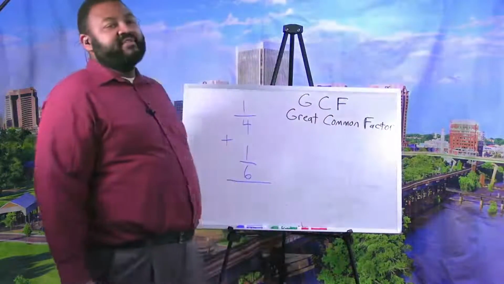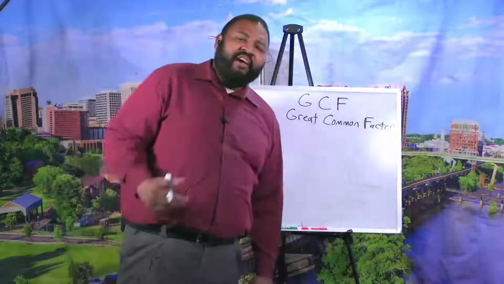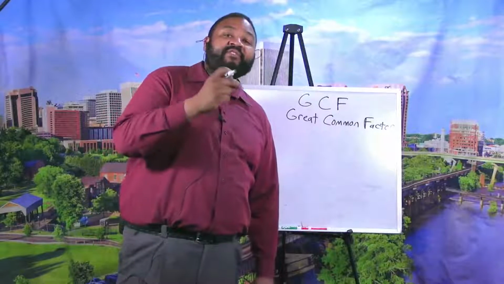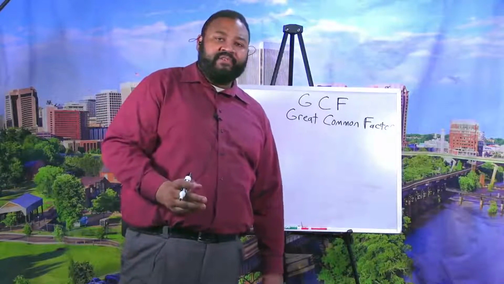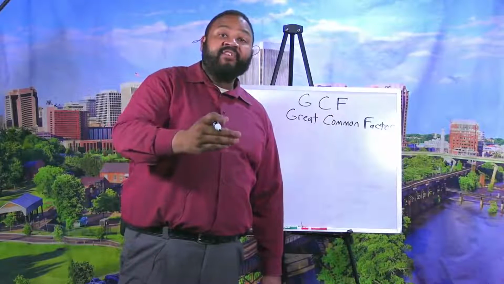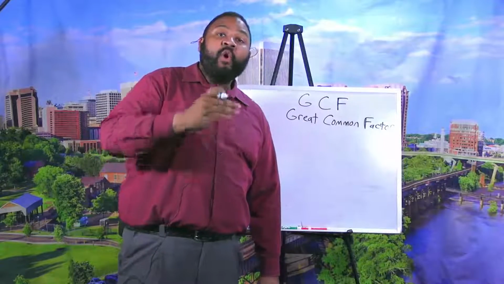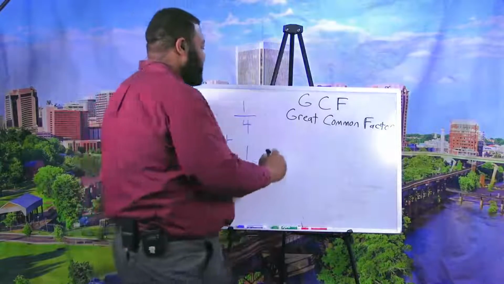Greatest common factor. Mr. Jones, what's a factor? I sing a little tune that goes, factor times a factor equals a multiple or product. What that simply means is this.